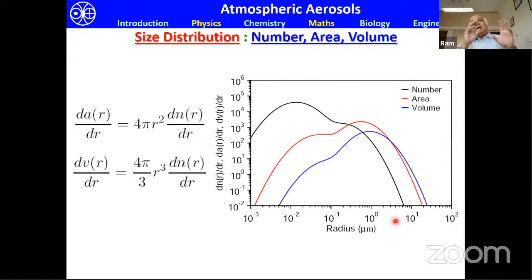So you can equally represent the number that is measured or derived into area and volume by multiplying by spherical 4 pi r square and 4 pi by 3 r cube. Depending on the r square or r cube dependence, the peak at which the distribution peaks will also differ, because the area is r squared and volume is r cube, as you are aware.